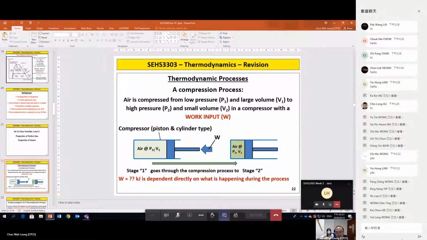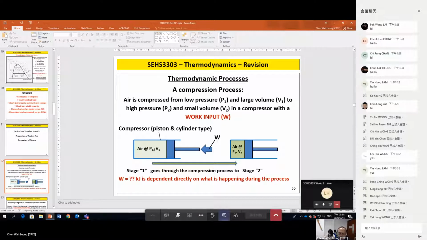But work can be transferred through the piston into the cylinder. So it can be transferred across the boundary, crossing the boundary, just like heat. Heat can also be transferred across the boundary.